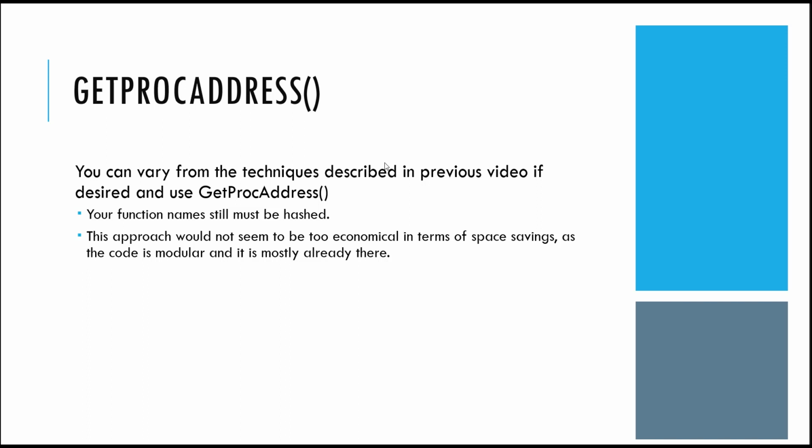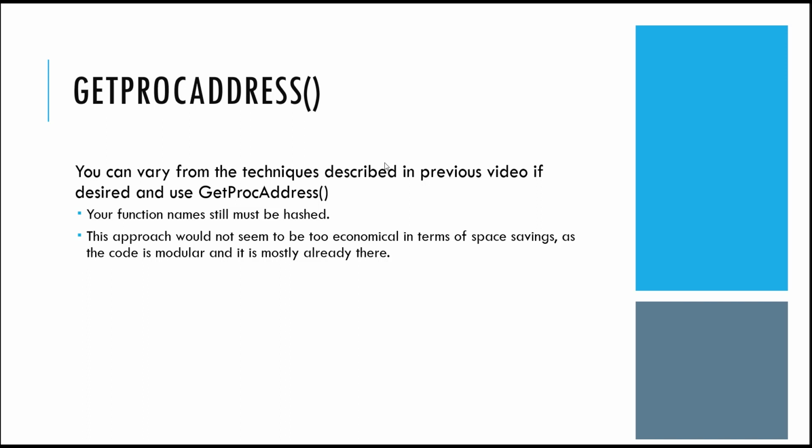Now, in your actual shellcode that you're creating, as long as you get kernel32 loaded and load any other libraries that you want, if you want to use GetProcAddress as a different way of getting the address, I'm fine with that.